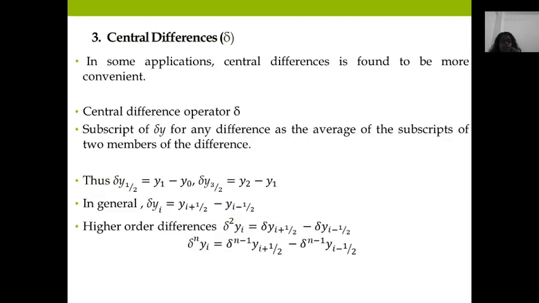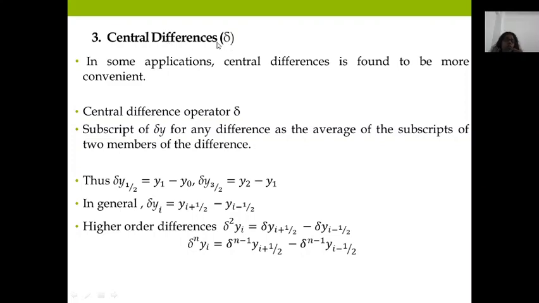Let's see a third difference operator, which is known as the central difference operator, denoted by yet another delta. In some applications, we have to follow these finite difference operators.